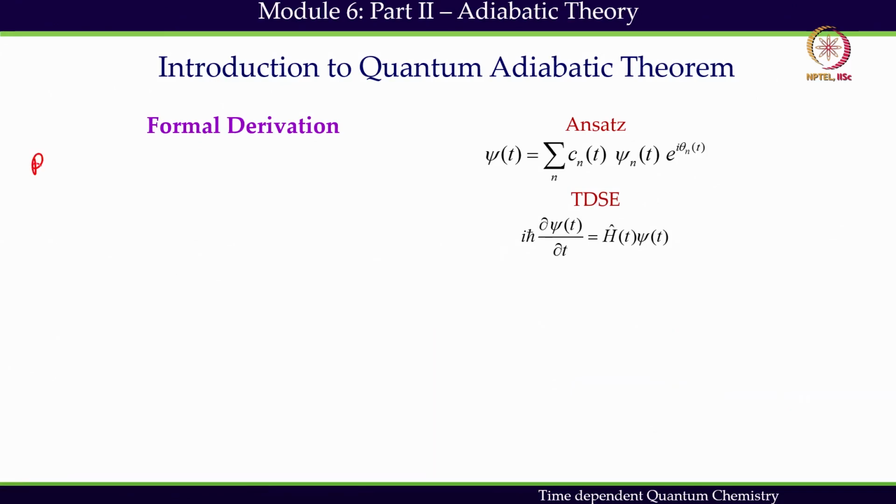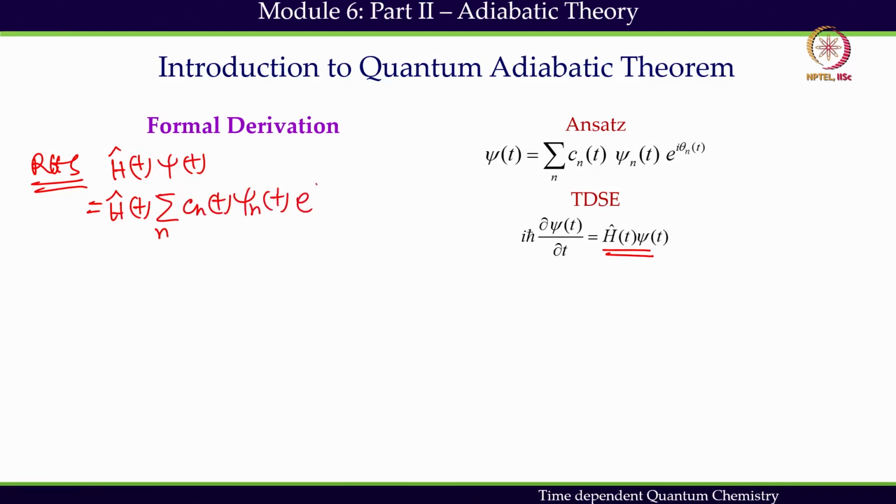Right hand side, one can insert here. The right hand side is going to be H(t) psi(t), which is nothing but H(t) summation of Cn(t) psi_n(t) e to the power i theta_n(t).